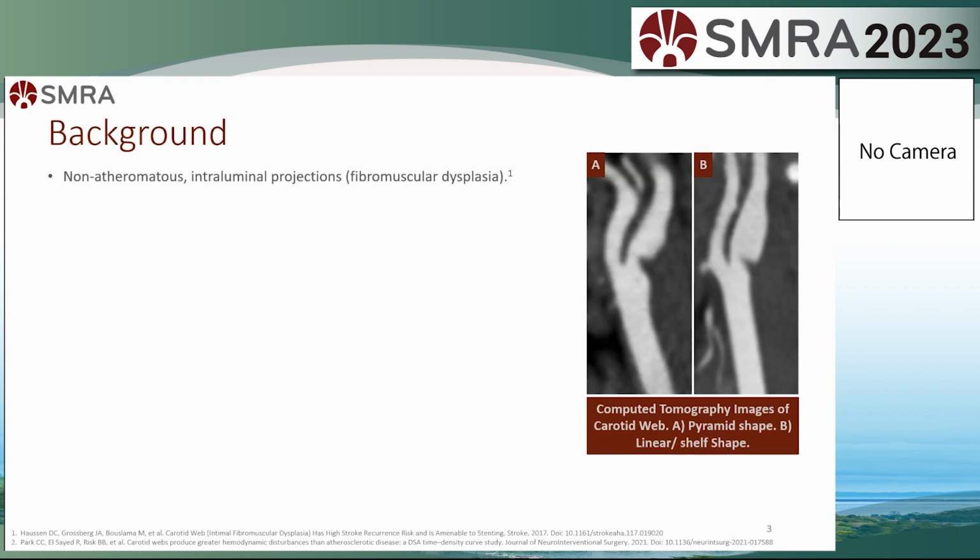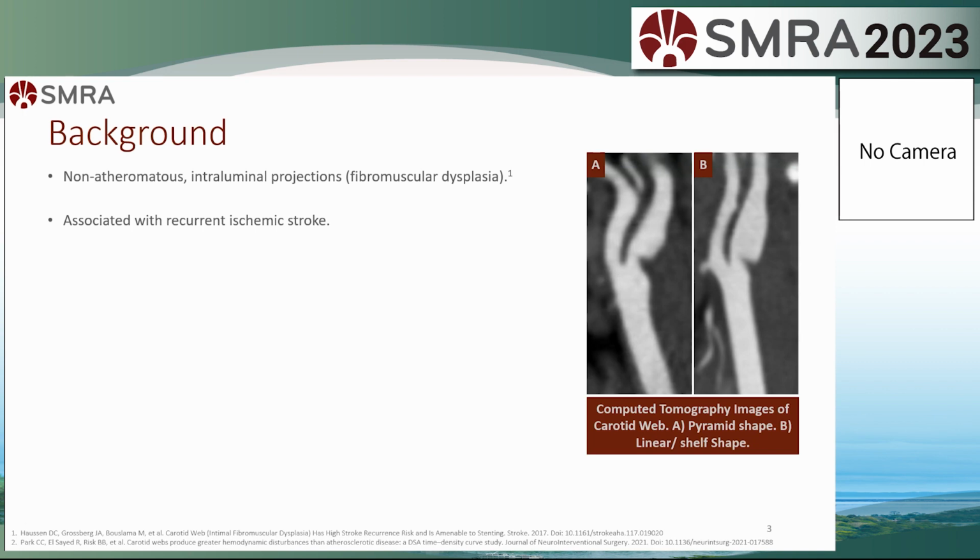I did discuss carotid webs in the morning, but a quick background. They are non-atherosclerotic lesions, intraluminal projections that occur right at the ICA, right after the bifurcation. They appear as a shelf-like or pyramid-like projection in the lumen, and they are mostly fibrous tissue.